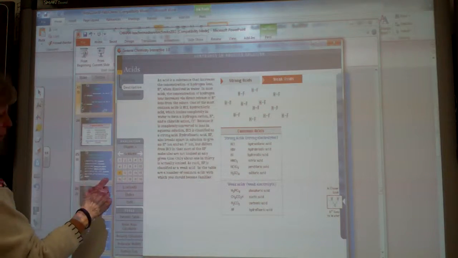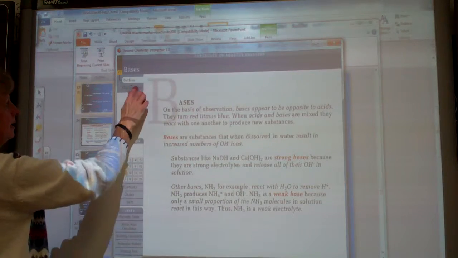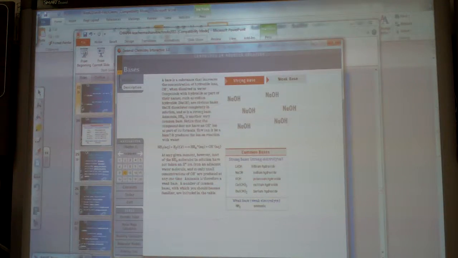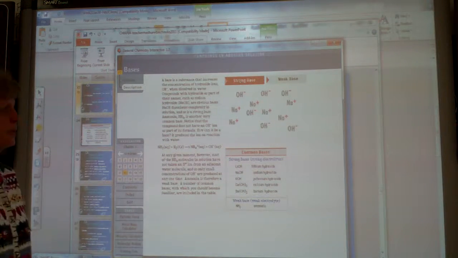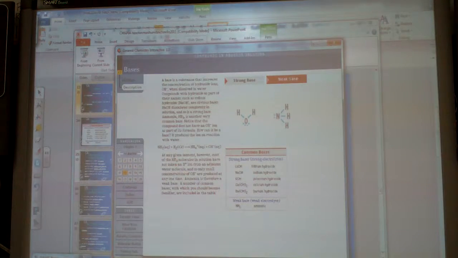All right, and since we're here, let's watch. Base is going to be the same thing. Strong base, NaOH, sodium hydroxide, is a strong base because it dissociates completely. In aqueous solution, it breaks into sodium cations and hydroxide anions. Okay? So completely dissociates. Weak base, on the left is H2O, water.